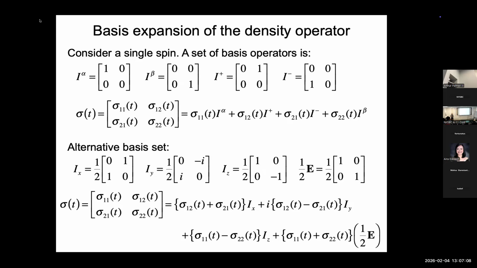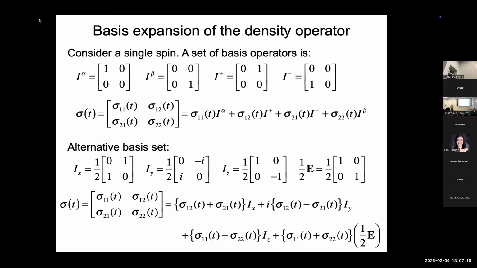And then when we started, we said, given a set of basis wave functions like alpha and beta, we could write an arbitrary wave function as a linear combination of wave functions. And that in quantum mechanics would then be called the Hilbert space. And now we're going to expand the operators in terms of basis operators, which is then called Liouville space.